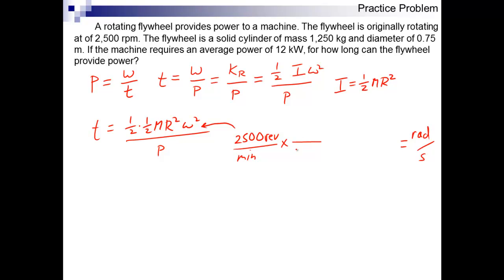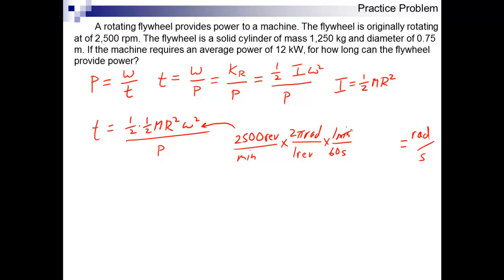We want to convert 1 revolution to 2 pi radians, and then in 1 minute there are 60 seconds.